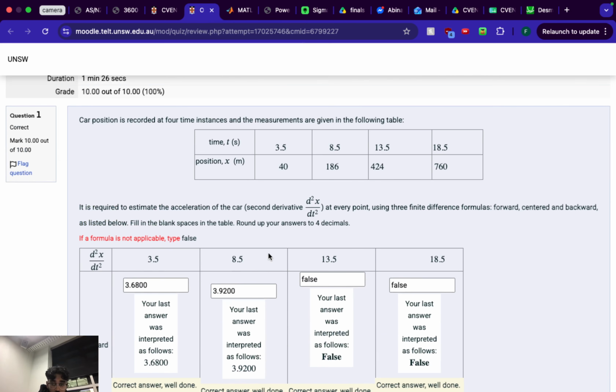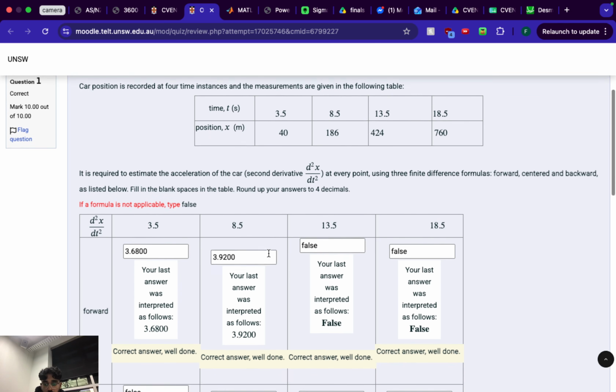So I've got time and position, but I'm not showing my screen yet. 2.5, 8.5, 18.5, 40, 186, 424, 760.